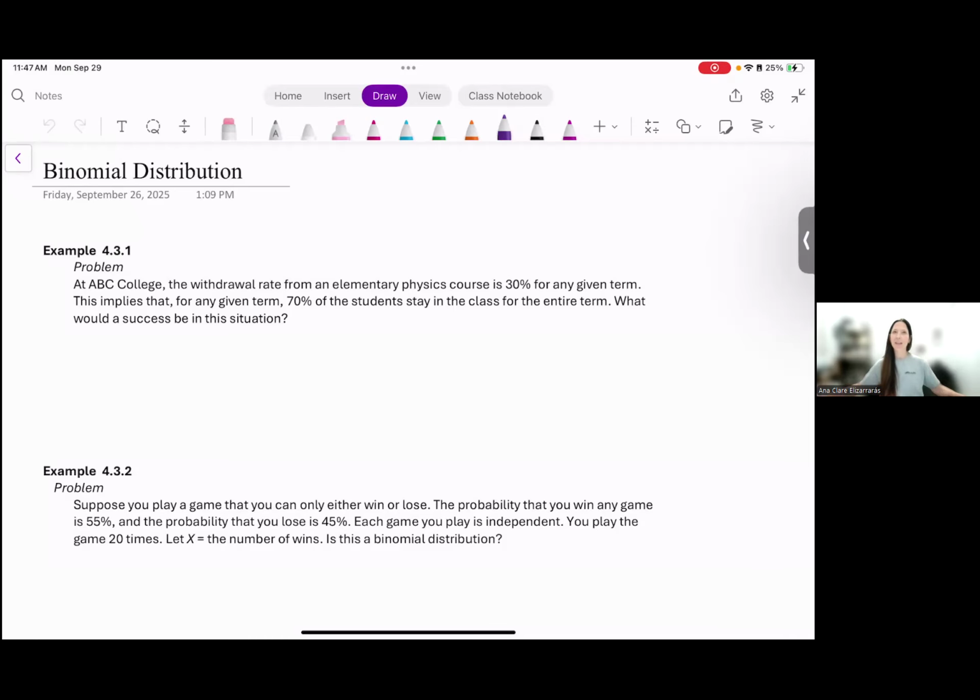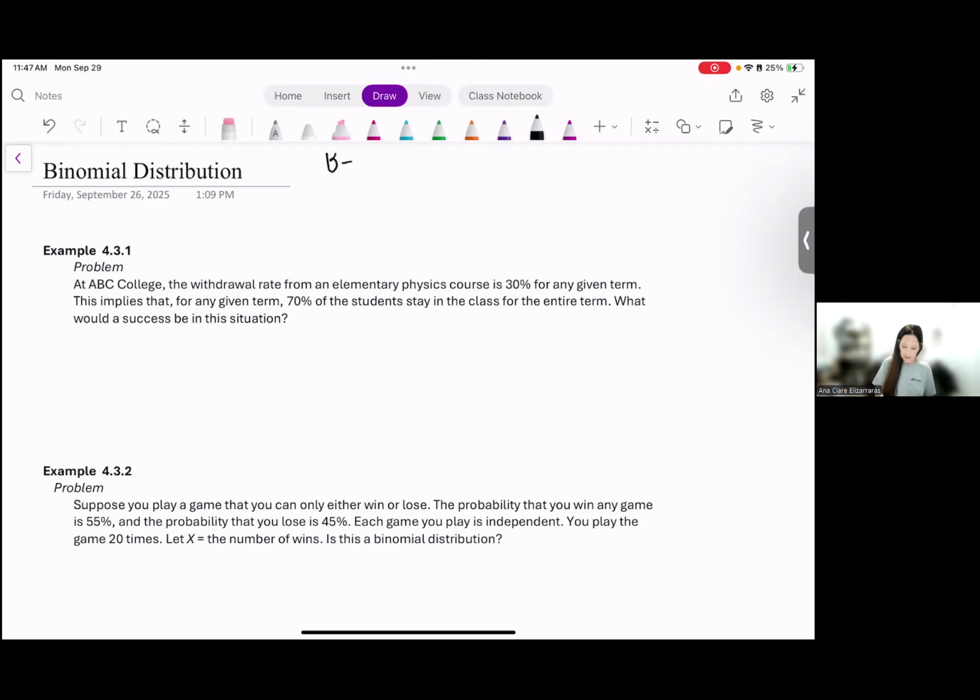Today we're talking about binomial distributions. In order to perform calculations with a binomial distribution, your situation needs to meet the binomial criteria. To do that, you need to meet the acronym that I like to use, which is BINS.